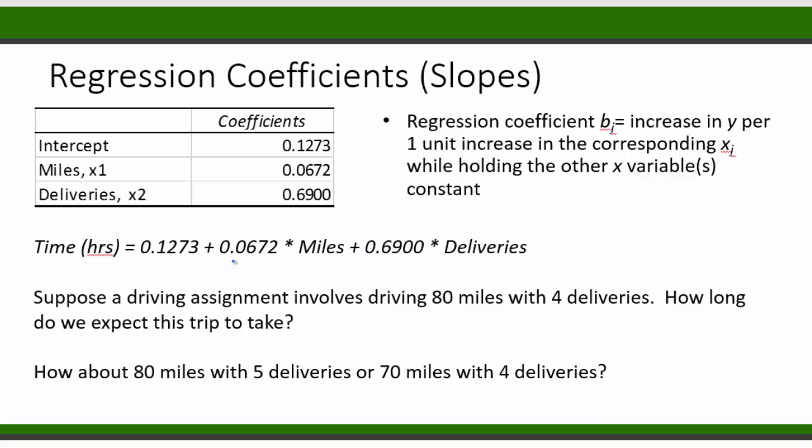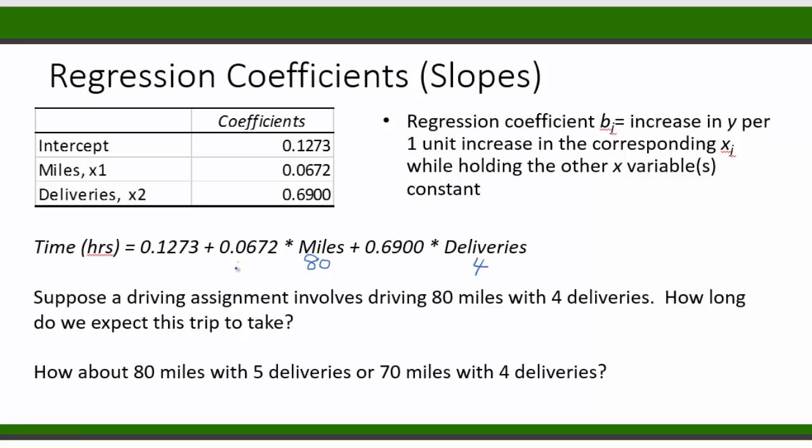Now let's see how we would use this equation to make predictions. Suppose our next assignment involves driving 80 miles with 4 deliveries. How long do we expect this trip to take? Well, we plug in 80 here for the miles and 4 for the deliveries.